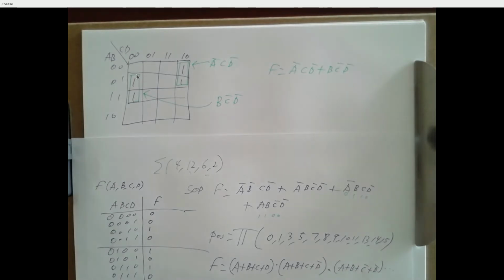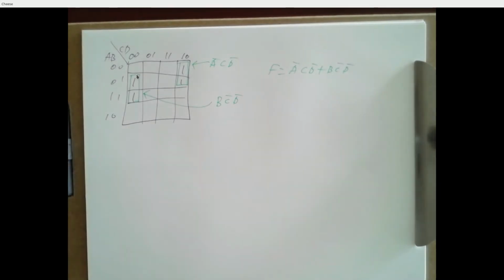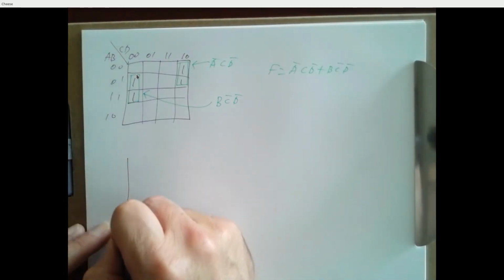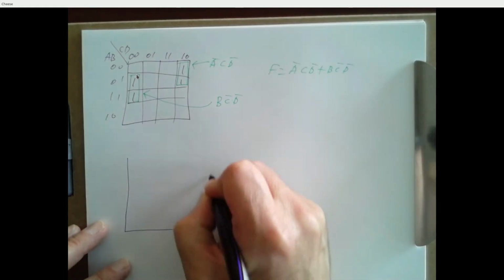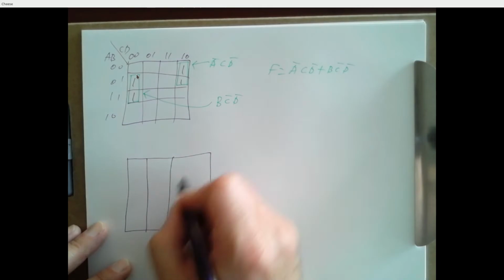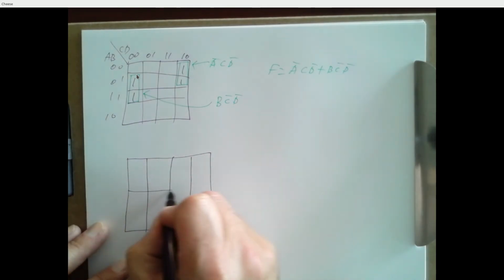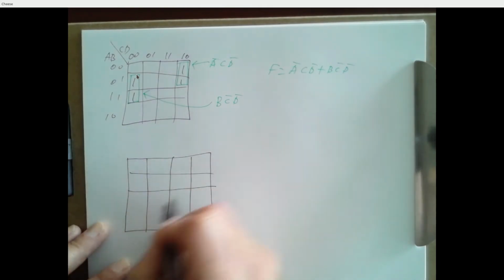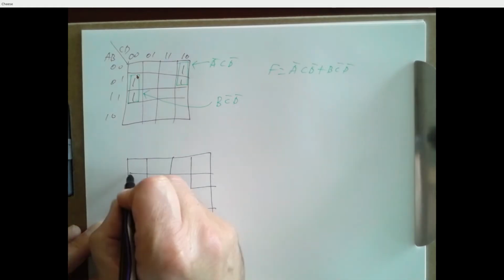All right, for the product of sums, again, you have to cover the zeros, not the 1s. So you're going to have a lot more pieces in your K-map. And I saw some people change the zeros to 1s and the 1s to zeros and then covered the 1s.